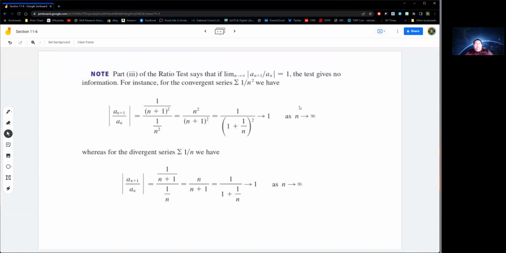So here are two very simple situations that we've done quite a bit. The first one is just a p-series with n squared. If you look at the ratio test, the limit comes out to be 1. Here's the harmonic series. The limit comes out to be 1.